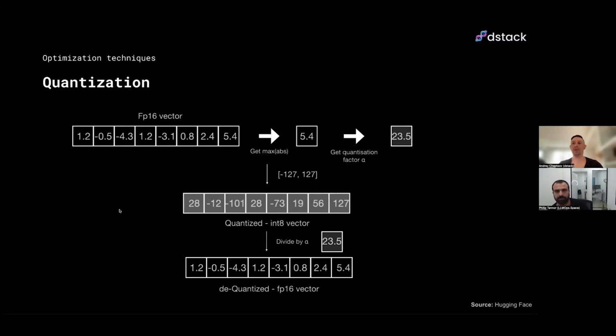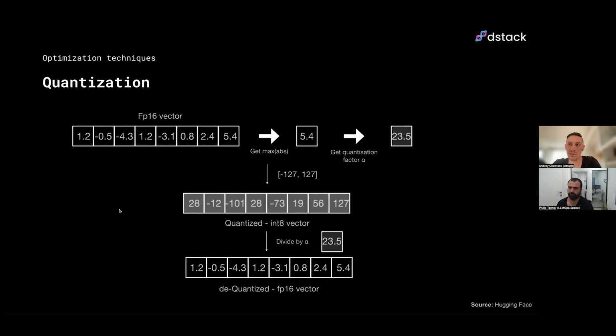Awesome. Meanwhile, I'll continue as we've seen in the previous slides. Serving and training LLMs is pretty expensive, and it takes a lot of memory and resources. So one important technique to use is quantization.